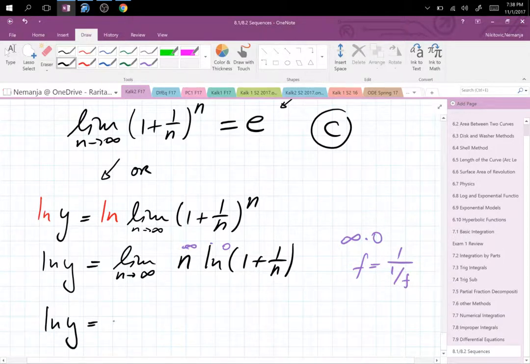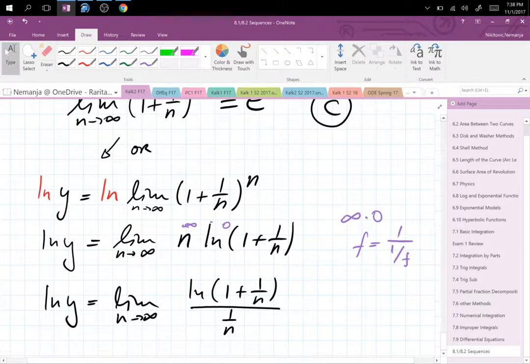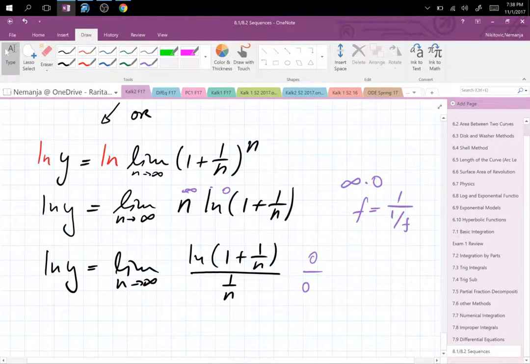So ln y is equal to the limit as n goes to infinity of ln(1 plus 1 over n) divided by 1 over n. And now what we have is 0 over 0. That is an indeterminate form, so we can finally use L'Hopital's rule, which says take the derivative of numerator and denominator independently.